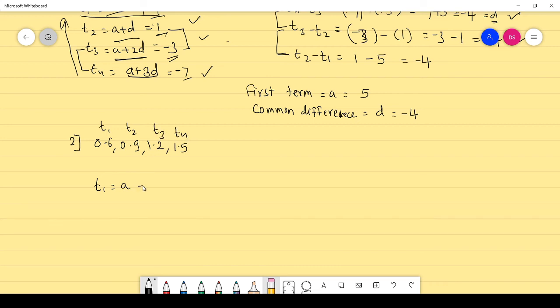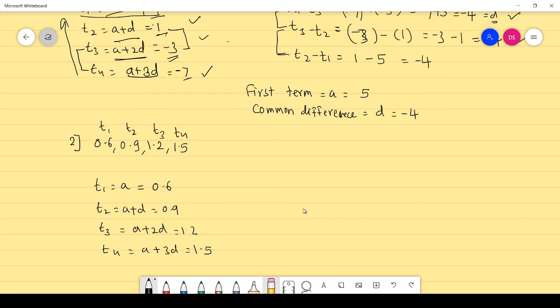That's why T1 is equal to A, which is 0.6. T2 is equal to A plus D, that is equal to 0.9. T3 is A plus twice D, that is equal to 1.2. What is T4? That is nothing but A plus thrice D, that is equal to 1.5.